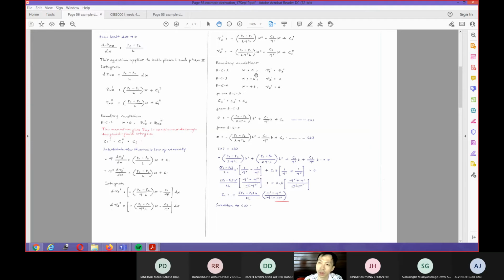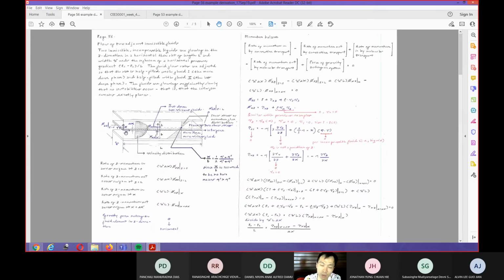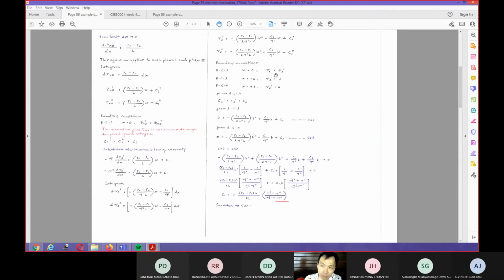Okay. Now, from the BC2, this is also a continuity condition. This is also the third general boundary condition that we came across with this example. So this one is basically telling us that the velocity should be continuous at the interface between the liquid and liquid. So the interface between liquid 1 and liquid 2 will be at x equals 0, right? So the velocity will be the same.